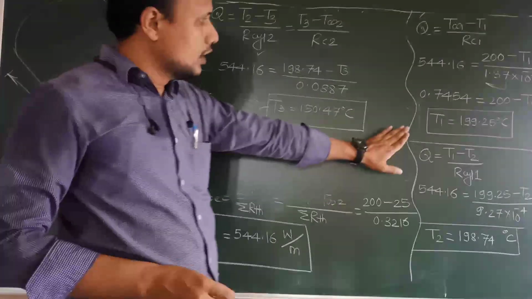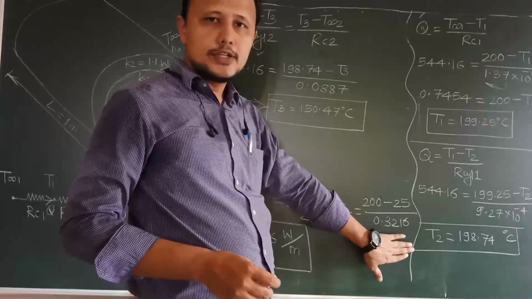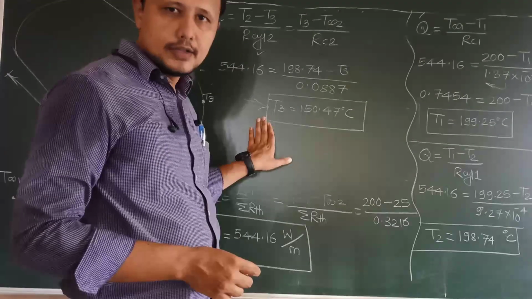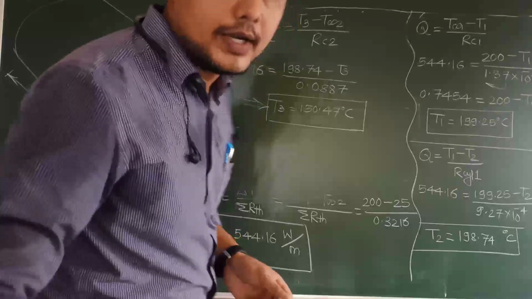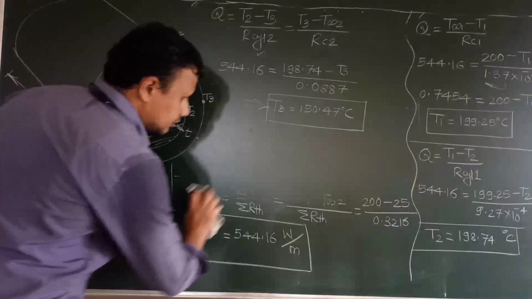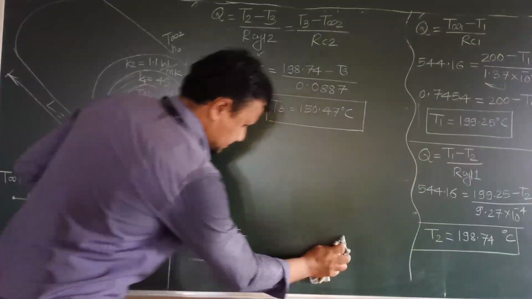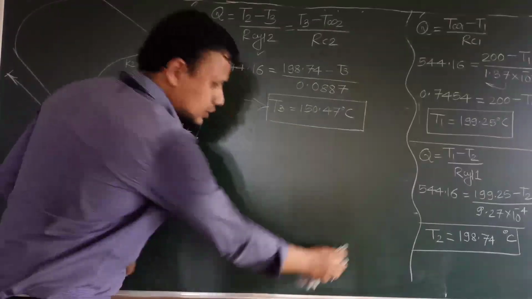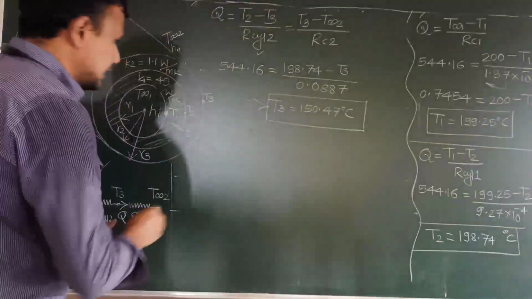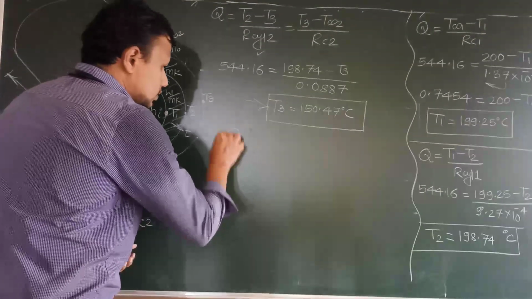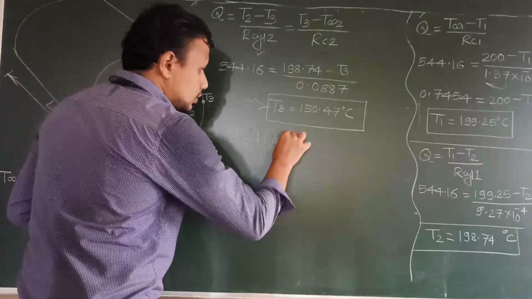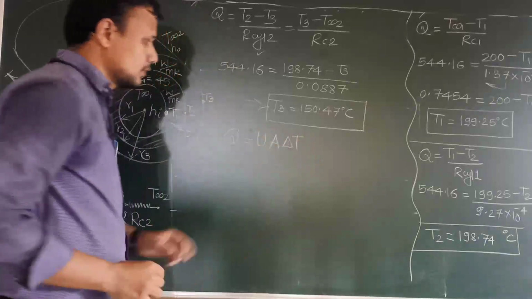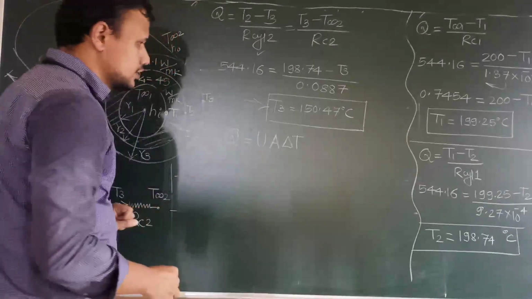Now you have calculated T1, T2, and also T3. All the interface temperatures are calculated. Now we will calculate the overall heat transfer coefficient. The simplest logic of overall heat transfer coefficient is that whenever you provide heat, it can be simply written as UA delta T, where U is the overall heat transfer coefficient.